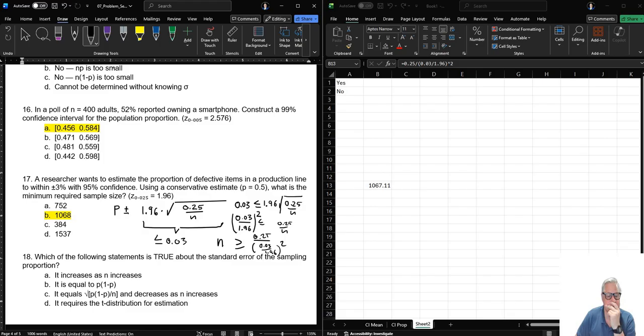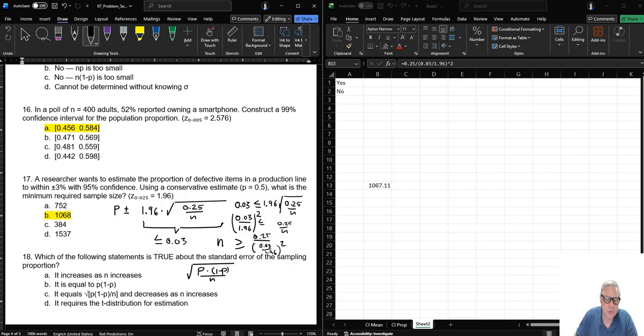Okay, so which of the following statements is true about the standard error of the sampling proportion? It increases as n decreases. No. Let's take a look. The standard error of the sampling distribution is the square root of p times 1 minus p over n.